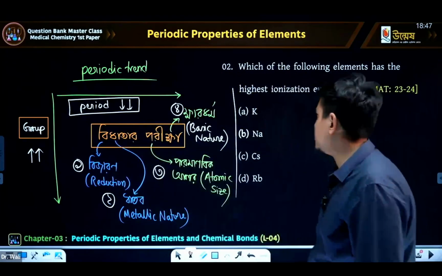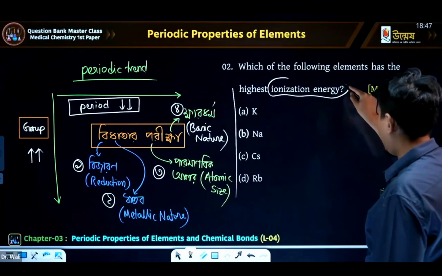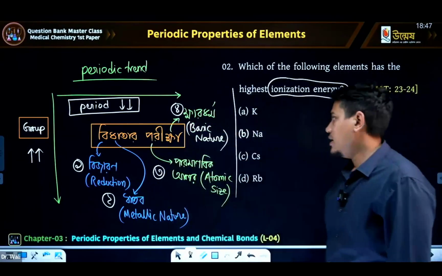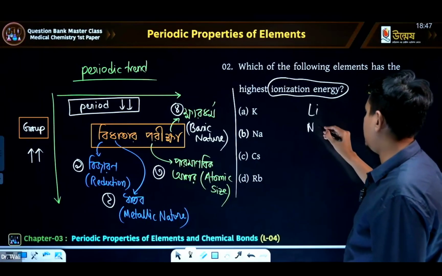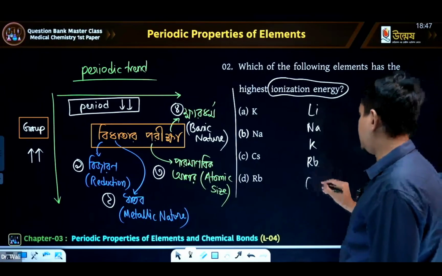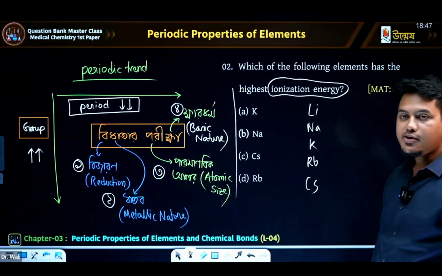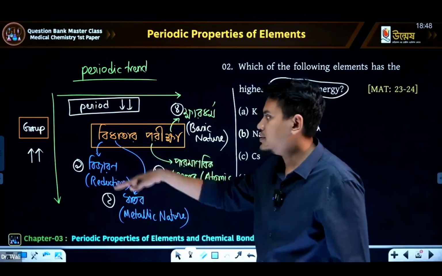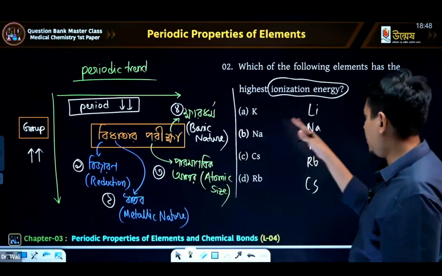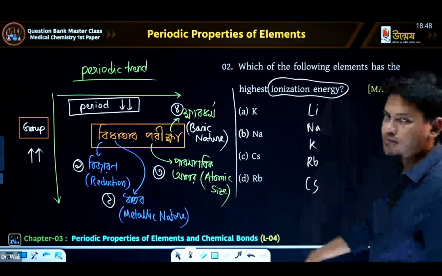Suppose we are asking about the highest ionization energy. Ionization energy is not included here. All of them are members of the same group: lithium, sodium, potassium, rubidium, cesium. In a group, ionization energy will decrease. Since these 4 properties increase from top to bottom in a group, it will be opposite in the case of ionization energy: it will decrease from top to bottom.